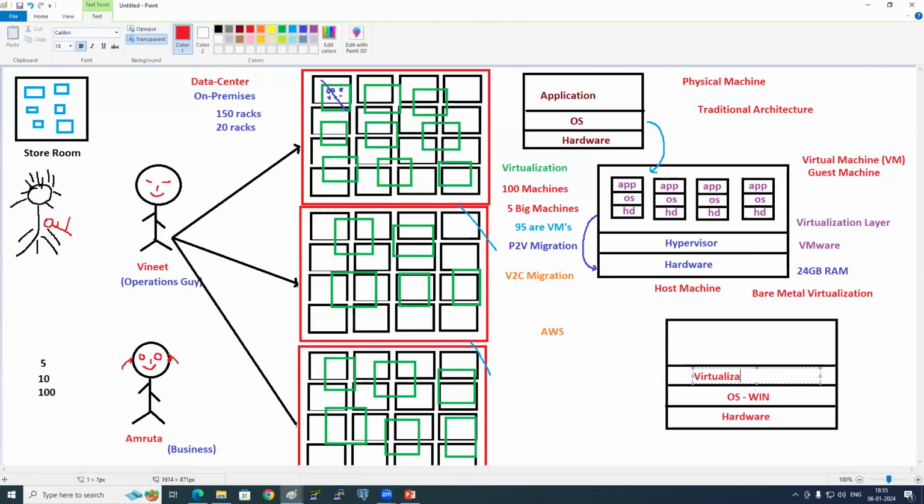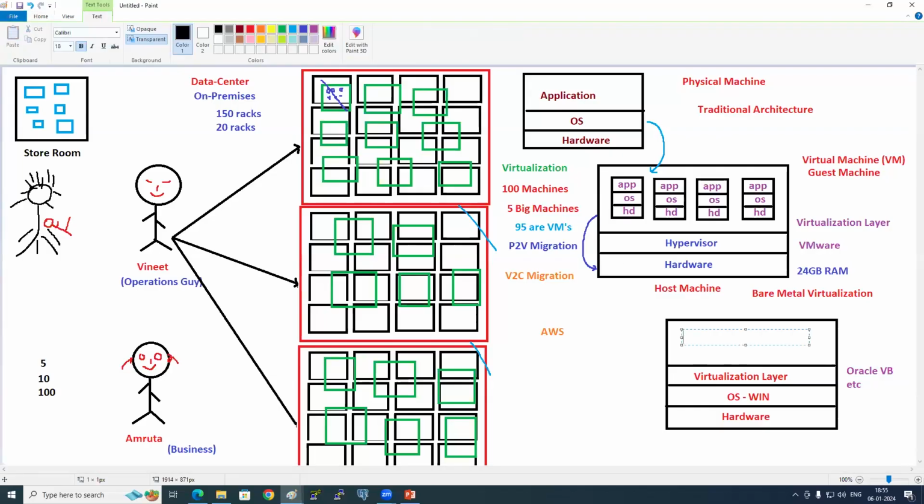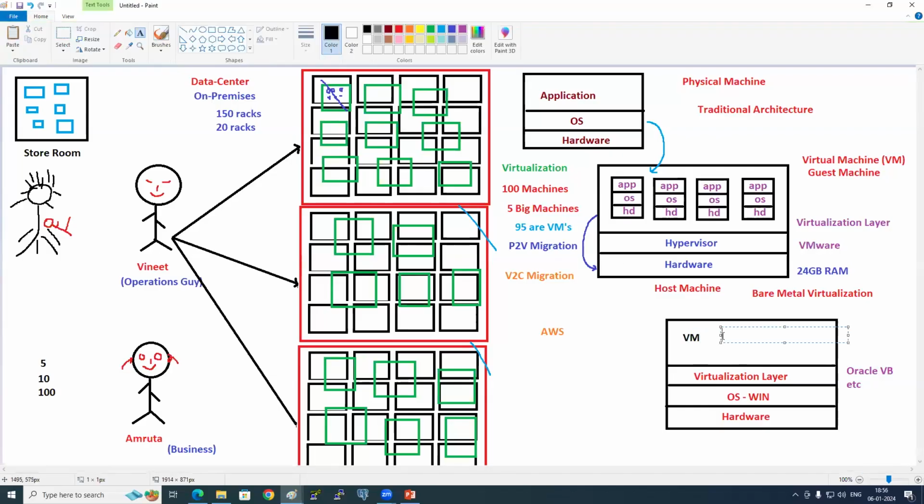And here is a virtualization layer. Nana, have you heard about Oracle VirtualBox, Oracle VB, or VMware Workstation? Don't worry. There are so many softwares available in the market. If you install one on your laptop, you can create your own virtual machines.